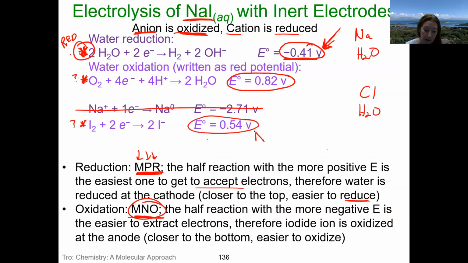Well, 0.54 is more negative, and this is going to be the one that is oxidized. So our choice is not going to be this one. It's going to be this one, our oxidation. So iodide is oxidized at the anode, closer to the bottom, easier to oxidize. So what's going to happen at our cathode? This one. This is going to be our cathode. Because remember, red cat. This is going to be our anode.